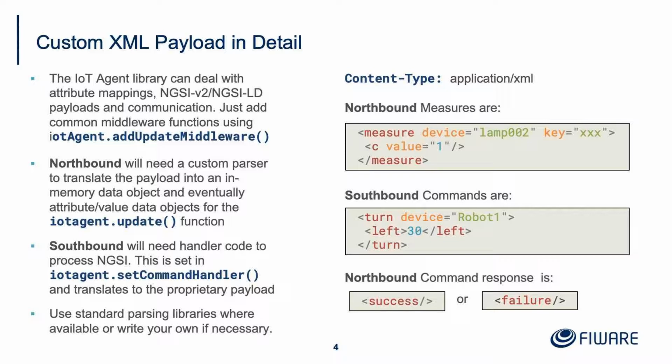Now, I want an IoT agent that rejects payloads missing an API key. If you look at the JSON or Ultralight IoT agent, they set up their service groups with something called an API key, which again is passed as part of the message. It's usually a parameter on the HTTP POST request.